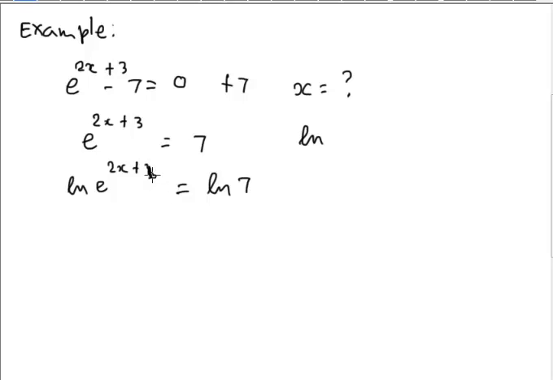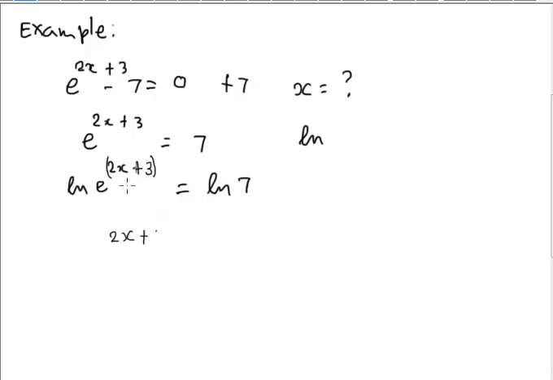So let's look at the plus 3. What's going to happen here? This argument of E, because this is a function and this is its inverse, is going to drop down as 2x plus 3. But let me not do that first of all.